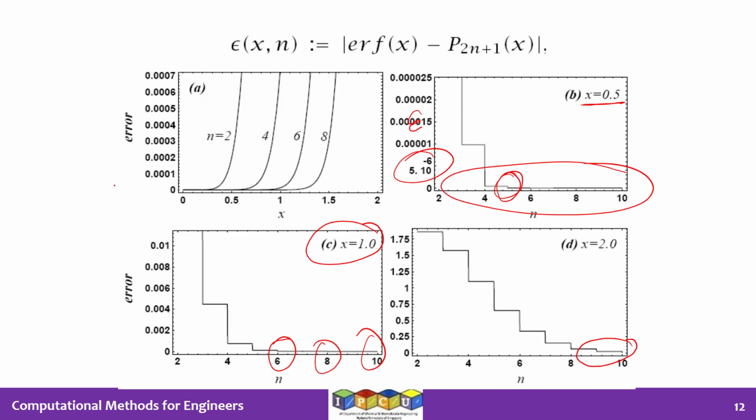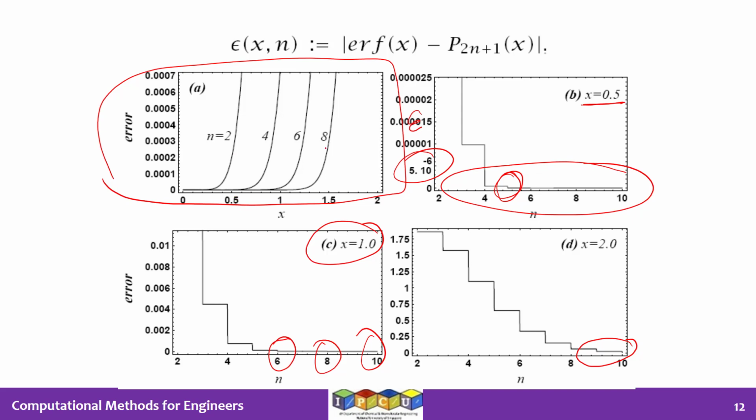Now, if you come to this particular panel here, what you see is what happens at different values of x. When x is equal to 0, whether you have n is equal to 2, 4, 6 or 8, the error is 0. But if you have n is equal to 2, that means if you retain only 3 terms, the error grows very rapidly once you reach a value of x equal to 0.5.